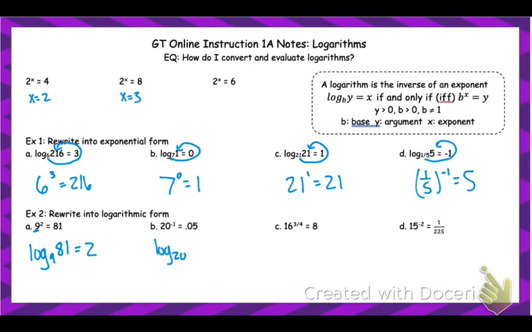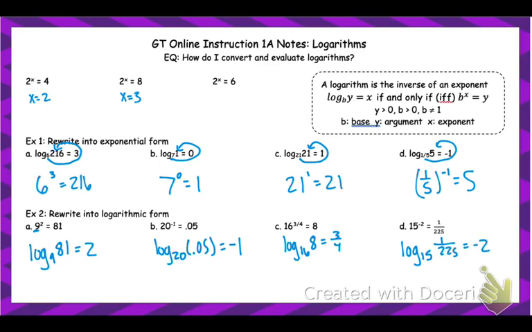Log base 20 of 0.05 is equal to negative 1. So 20 is the base, 0.05 is the argument. Log base 16 of 8 is equal to 3/4. And log base 15 of 1 over 225 is equal to negative 2.